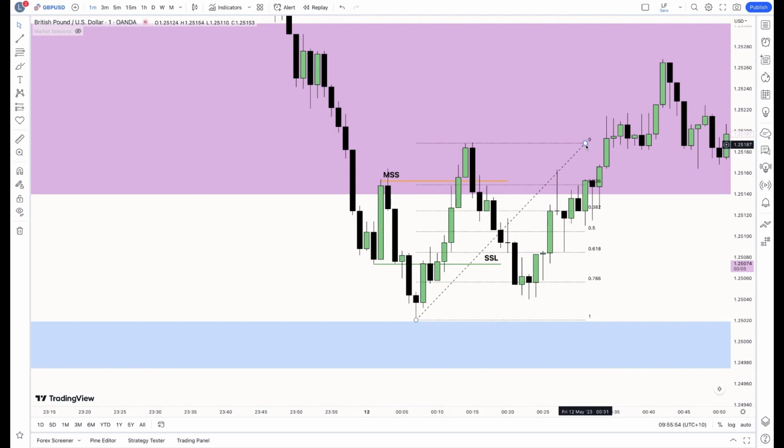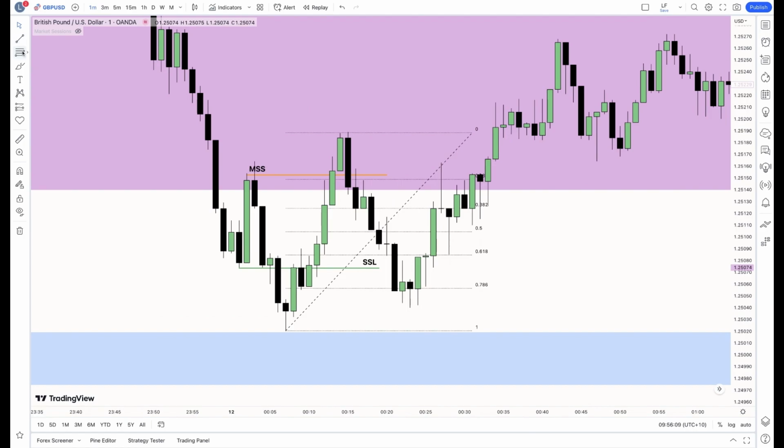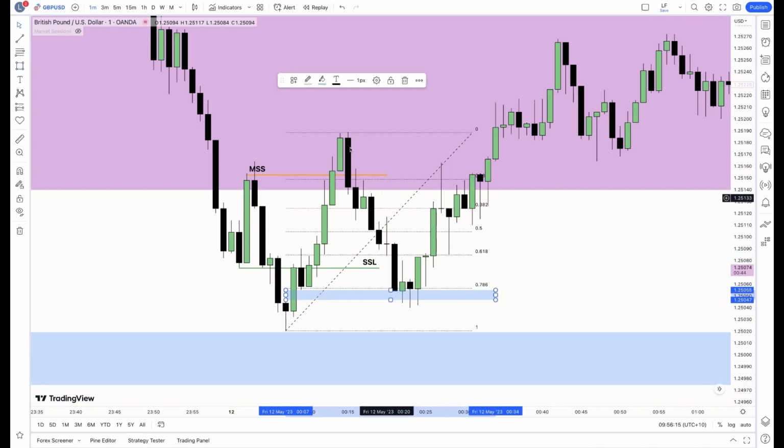If you put a fib on, swing low to swing high, price went down to the 50% mark, passed it, passed through the 61.8, into deep discount at 78.6. Why 78.6? Look here. What is this? Gap.